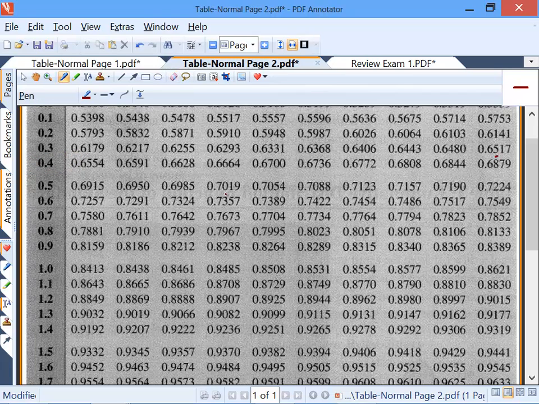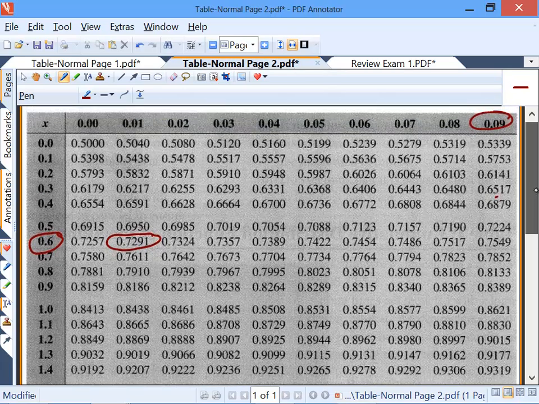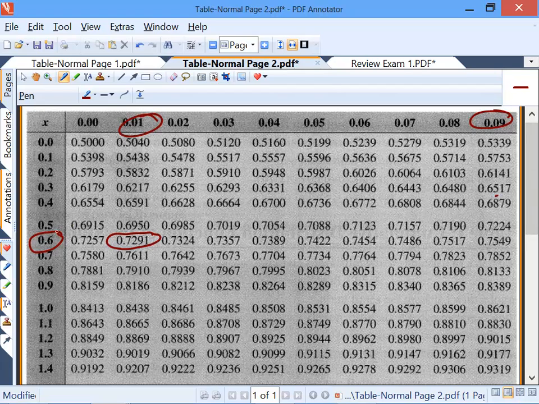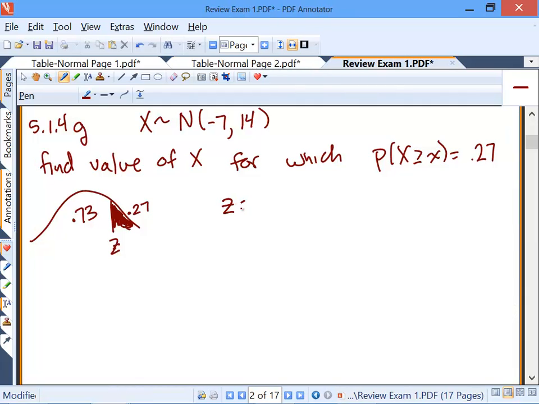So 0.73 looks like the closest I can come is this 0.7291, which means that my associated z value is 0.61. So I get my ones and tens place from this column and my hundredths from the top. So the z value that makes that work is 0.61.